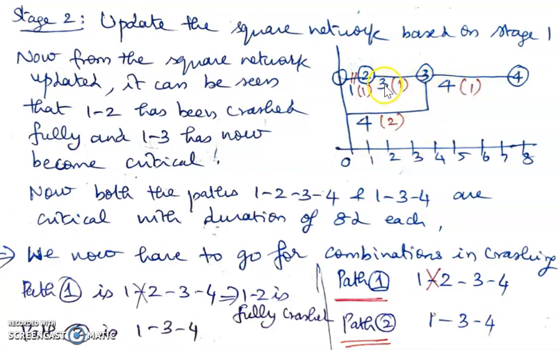Therefore, I'm taking the minimum, which is 2 days crashing. So I'll take these two combinations: first, crashing 2, 3 and 1, 3 along each of the two paths, each of the activities by 2 days. And then the second option is going for crashing 3, 4 by 2 days.